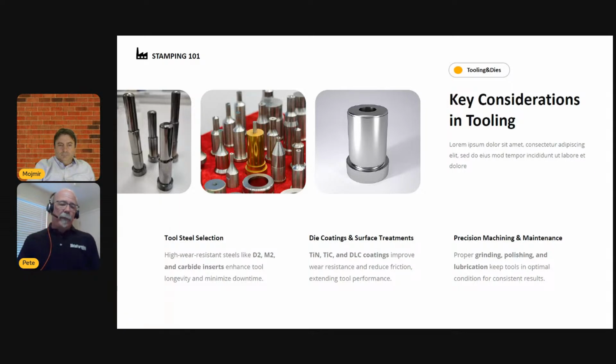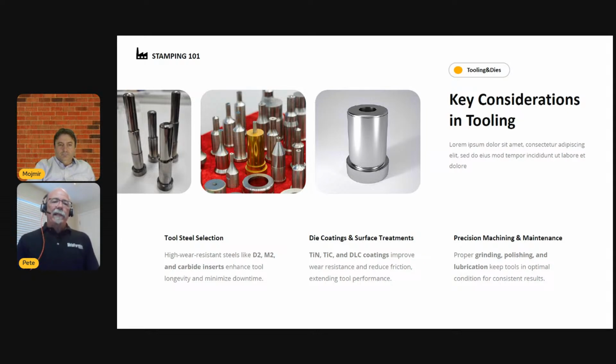When we move into materials like PM M4 or PM3V, they're going to provide different levels of toughness and compression resistance and wear resistance.